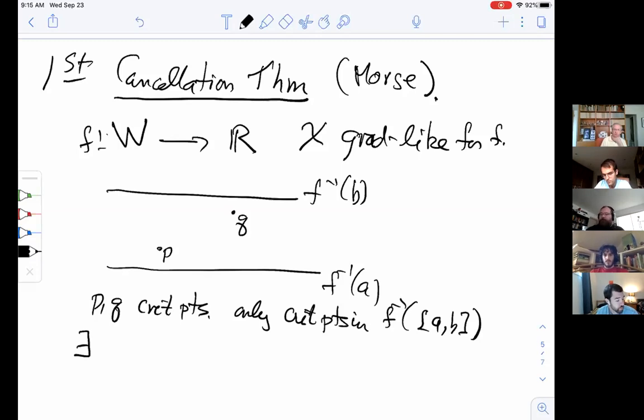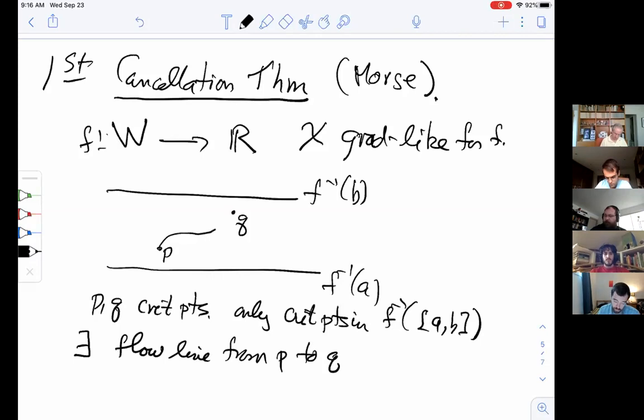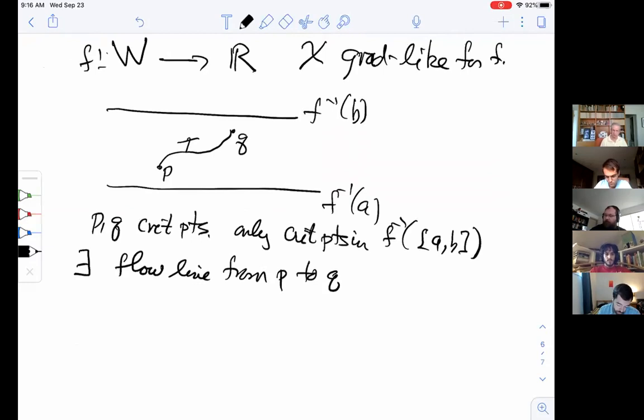Furthermore, there exists a unique flow line from p to q, let's call it gamma. And this is a transverse intersection, meaning if I take any level in between p and q, and I look at the ascending sphere from p, let's let p have index k, the ascending sphere will be of dimension n minus k minus 1.